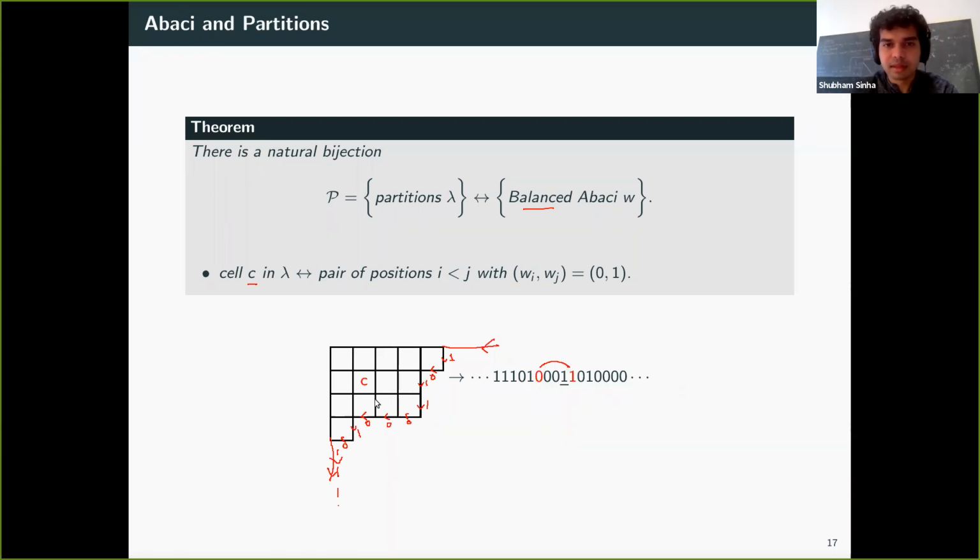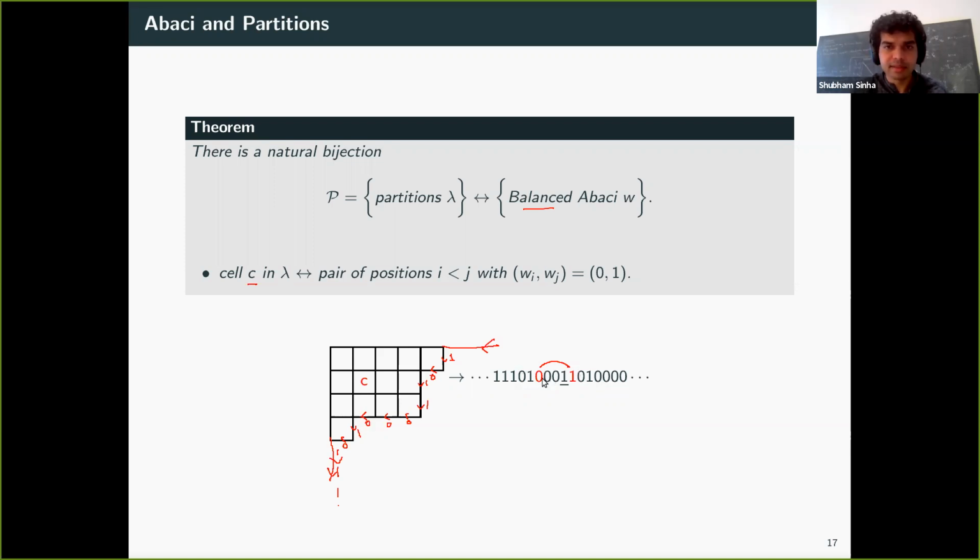What is this pair? If you look at the corresponding hook, when you go to the right, it will end up with a down arrow, which will be a description of a 1, and when you go down, it will end up with a left arrow, which will give you a description of 0.